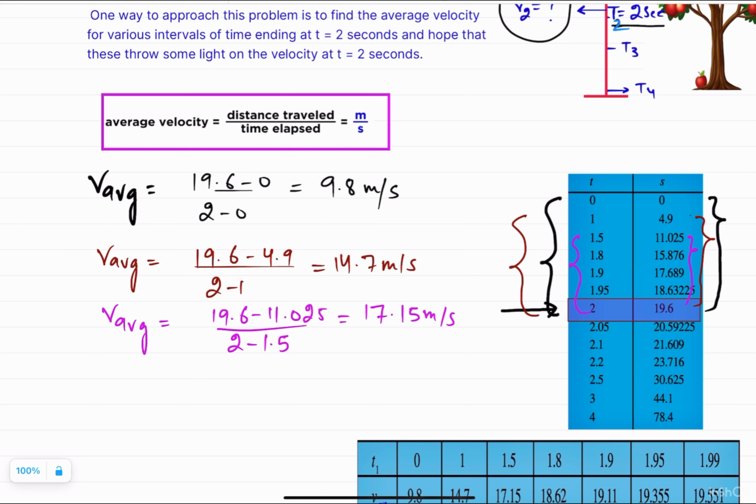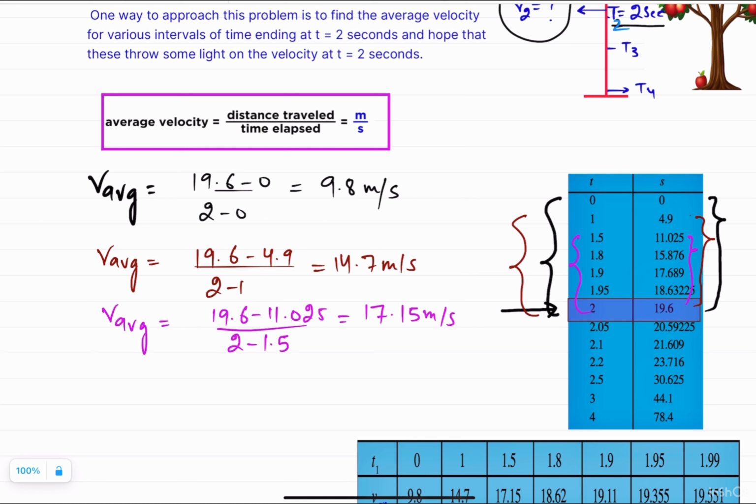So with this, you can take different intervals of time. For example, the next one will be between 2 and 1.8, and the distance covered for this interval is 19.6 minus 15.876. Then again, we can take the interval 2 and 1.9, and the distance traveled for this is 19.6 minus 17.8689.